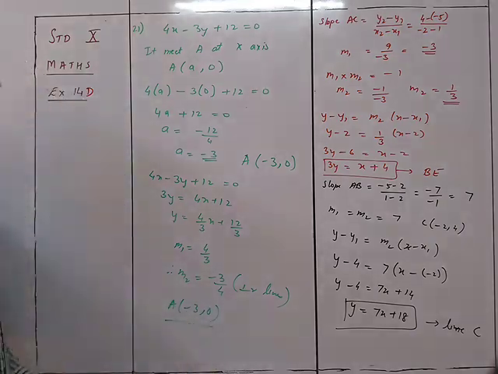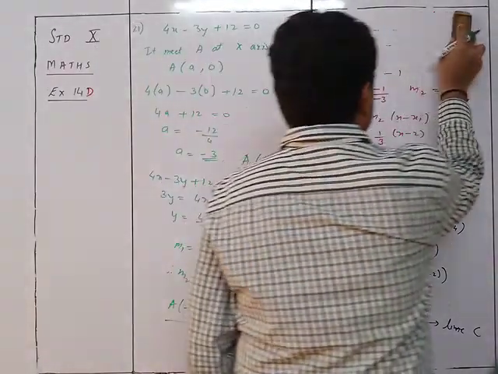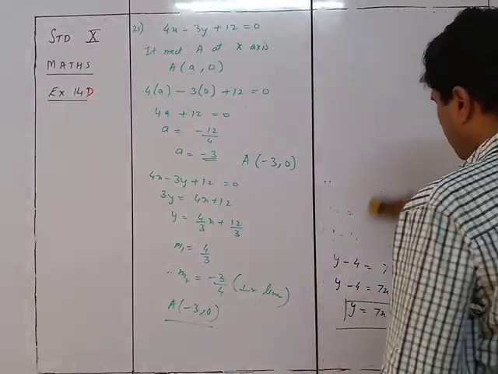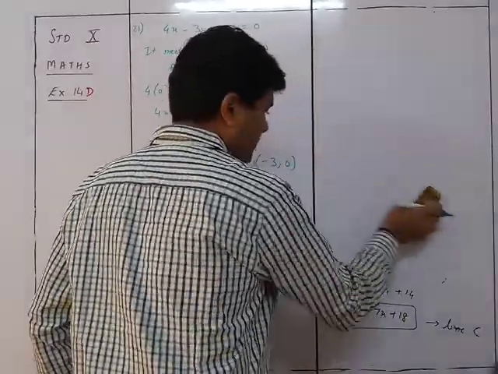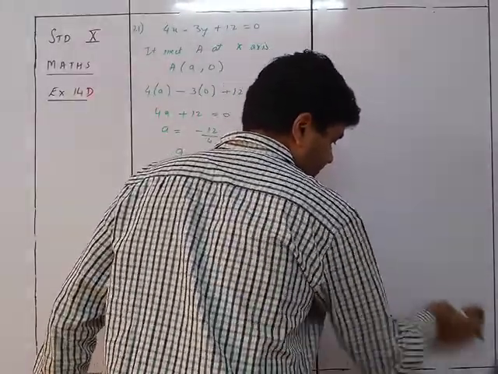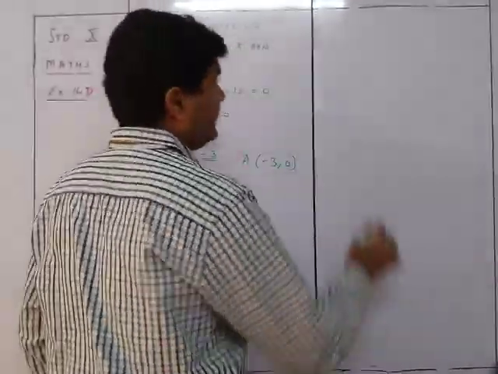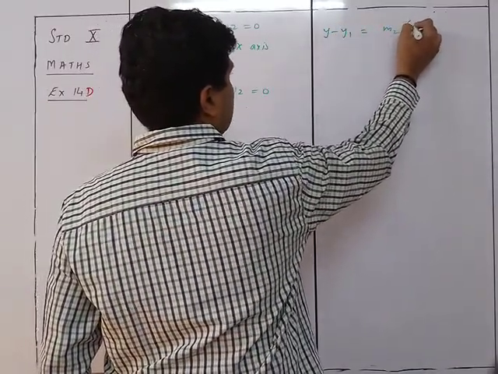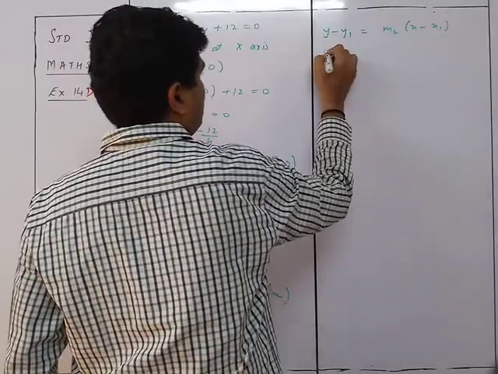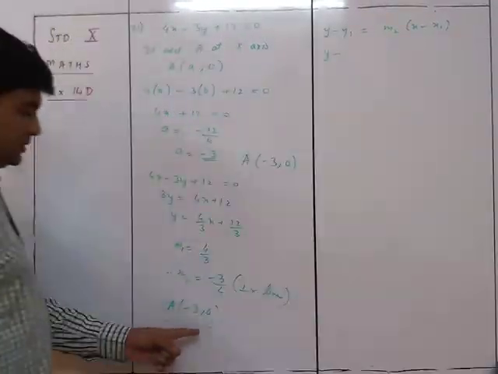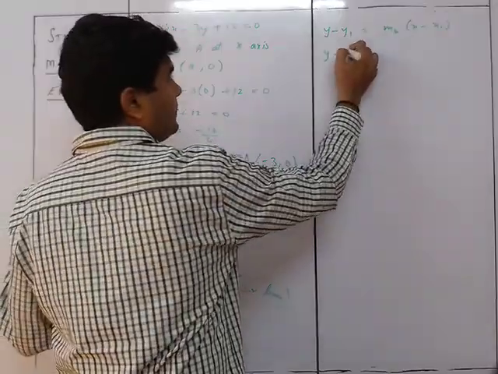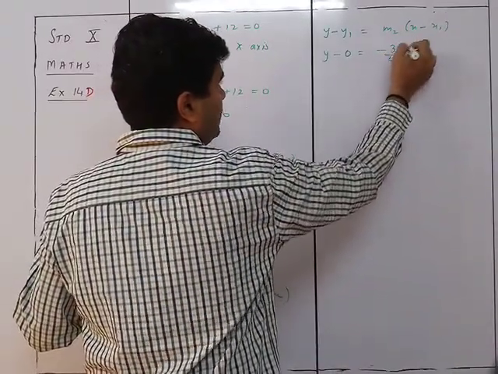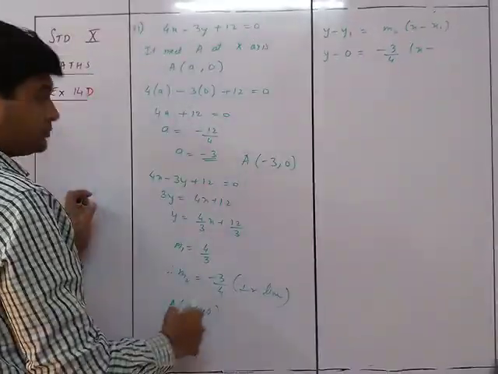Now we just need to put them in the formula for the point slope method to get the required answer. So it is y minus y1 is equal to m2 into x minus x1. So that is y minus 0 is equal to minus 3 upon 4 into x minus of minus 3.